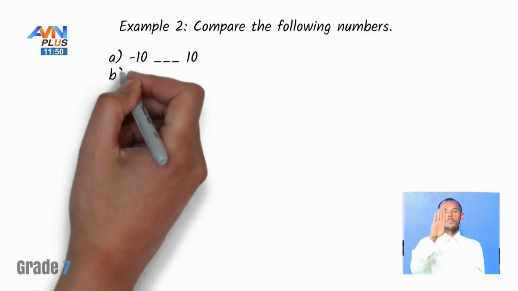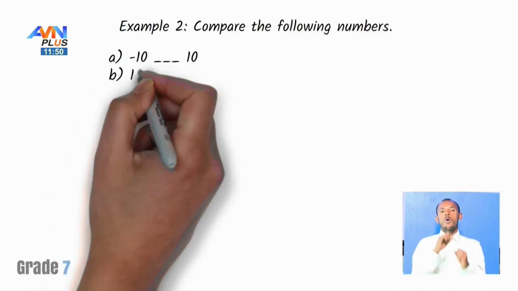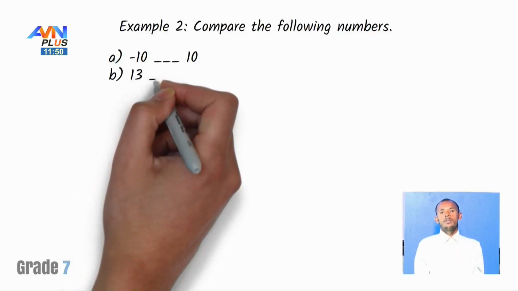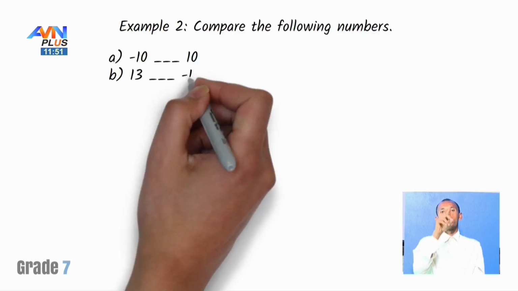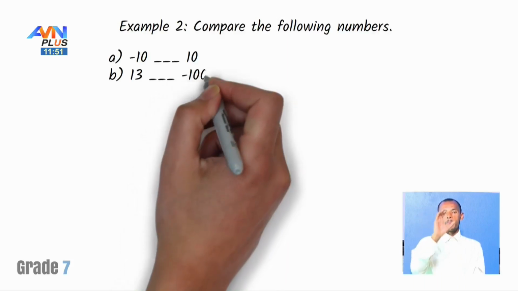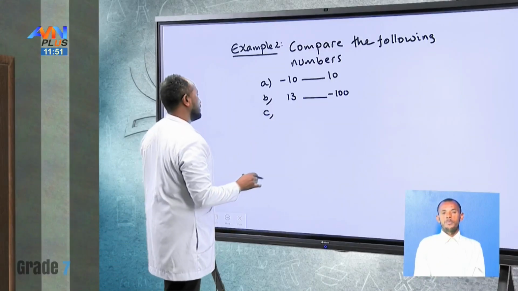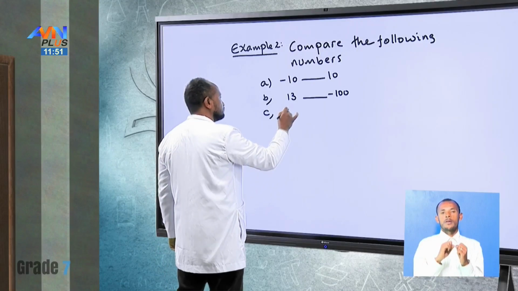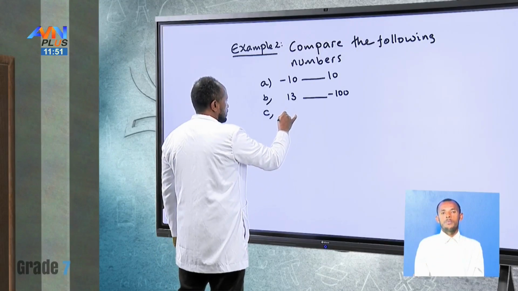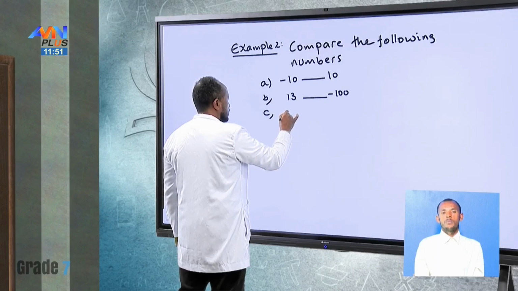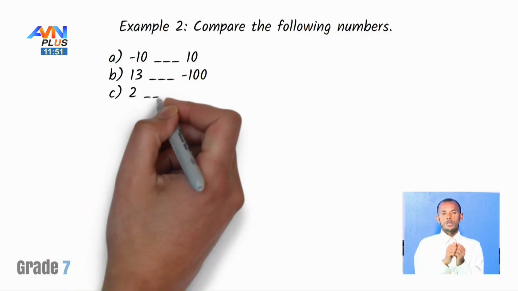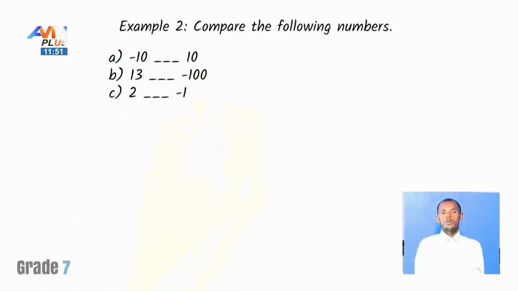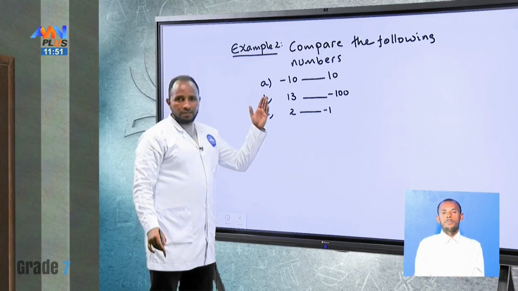B, compare positive 13 with negative 100. And C, compare positive 2 with negative 1. So please try this question.